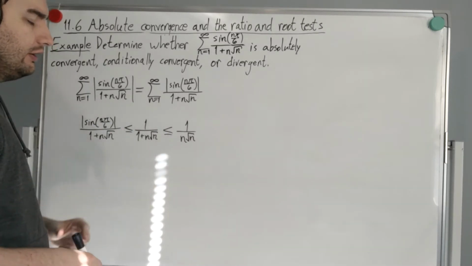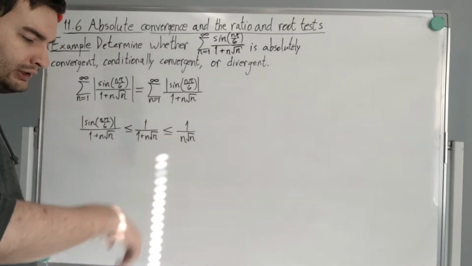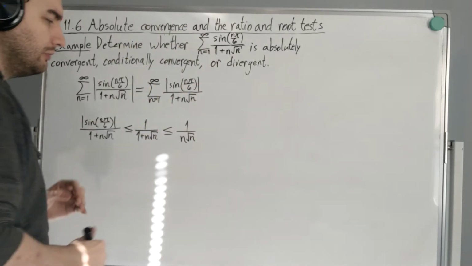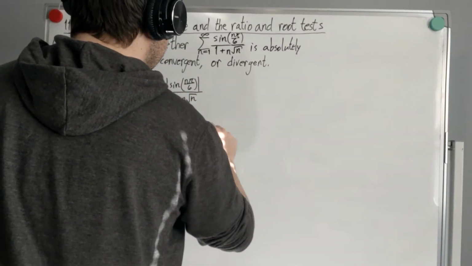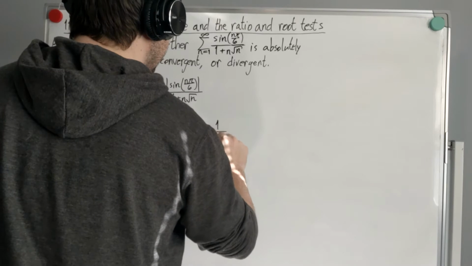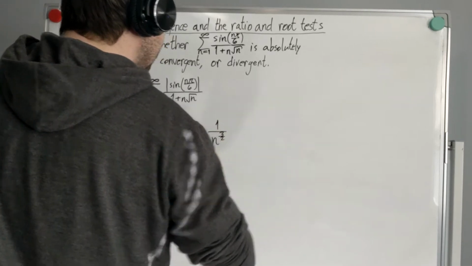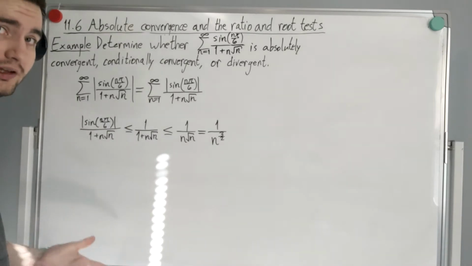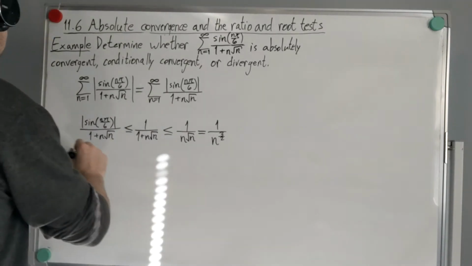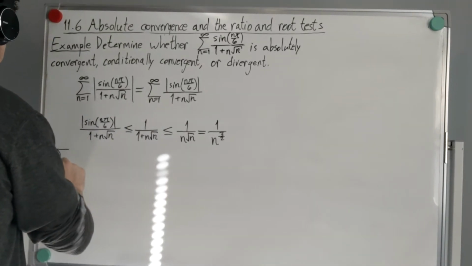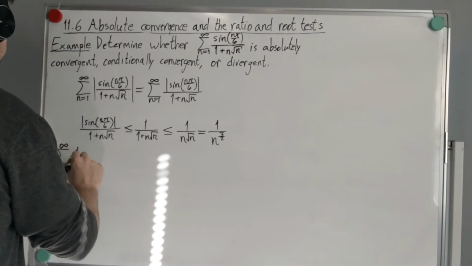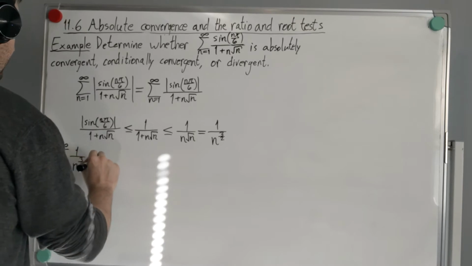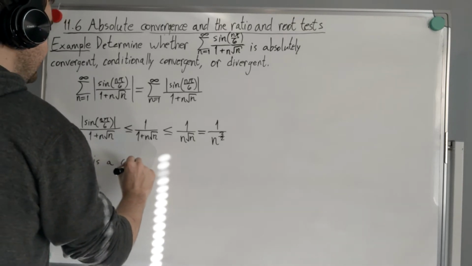And n root n, that's the same as n to the 1 times n to the 1/2, which would make it n to the 3/2. So this is the same as 1 over n to the 3/2 power. And once again, this is a convergent p-series. Okay? So the sum from n equals 1 to infinity of 1 over n to the 3/2 is a convergent p-series.